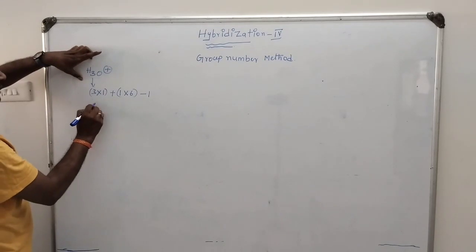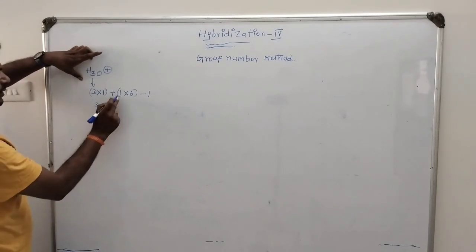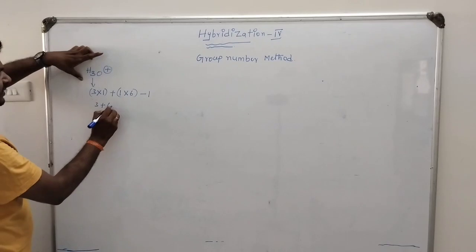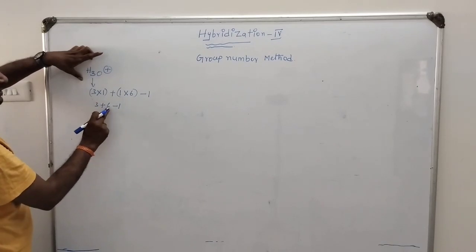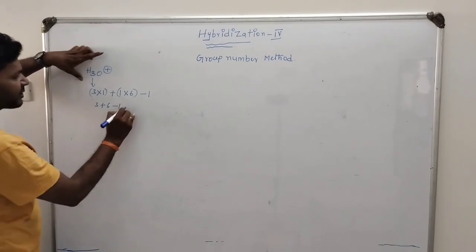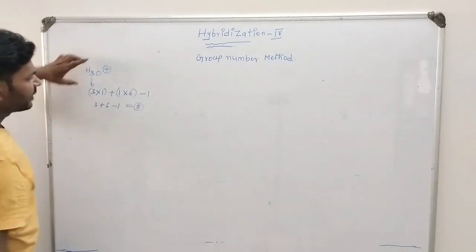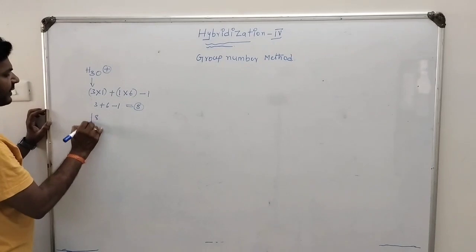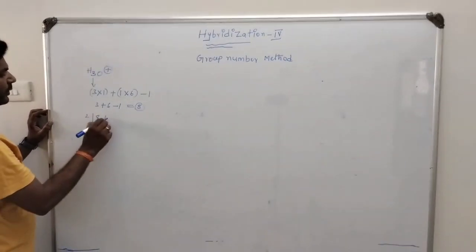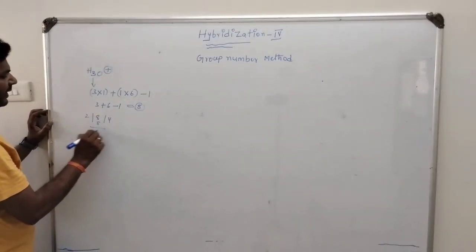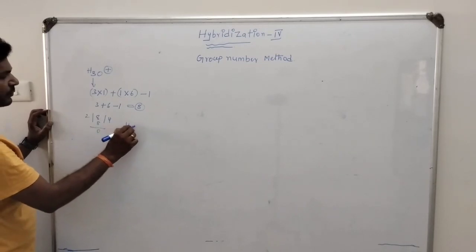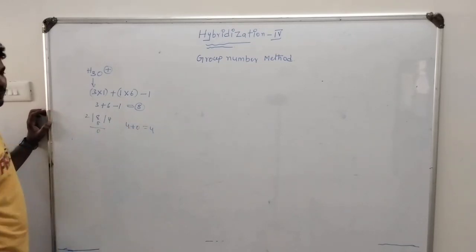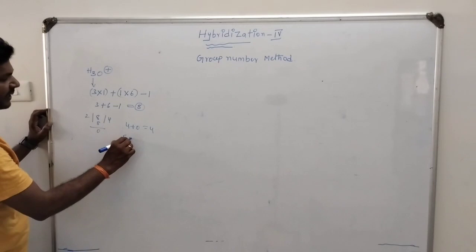So 3 into 1, 3 plus 1 into 6, minus 1. So 3 plus 6 is 9, 9 minus 1 is 8. If the valence electron number is 8, we divide with 2. 2 fours are 8. So 4 plus 0, 4. 4 means sp3 hybridization.